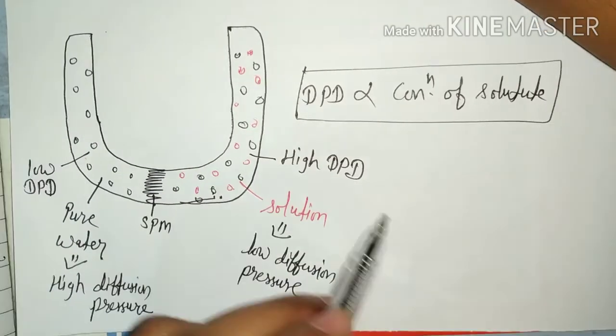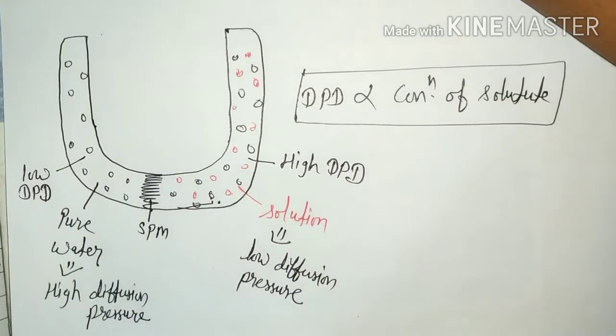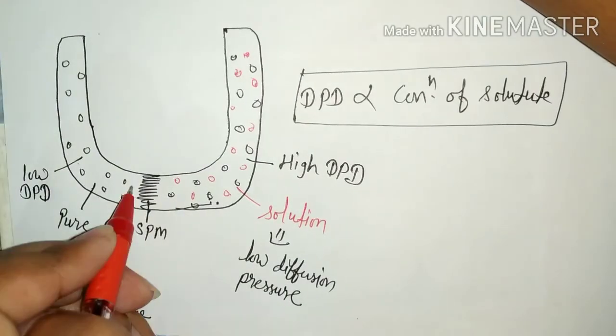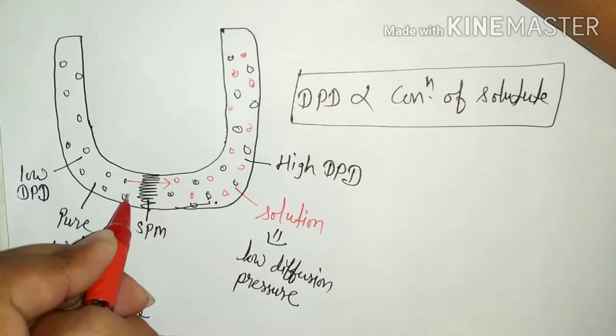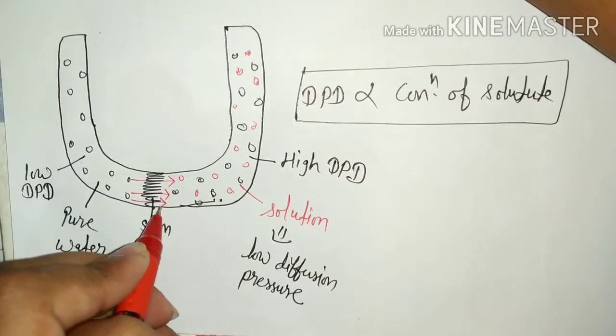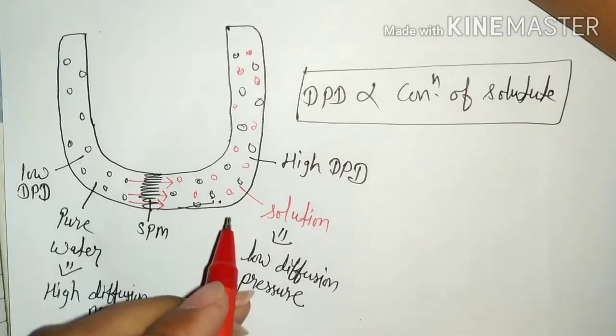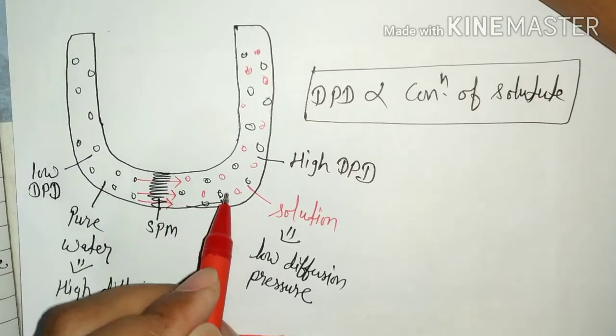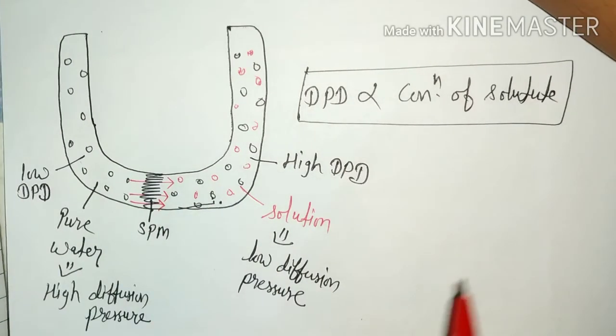A solution has low diffusion pressure but high DPD. Then water moves from low DPD to high DPD. So DPD is also known as demand of water of a solution.